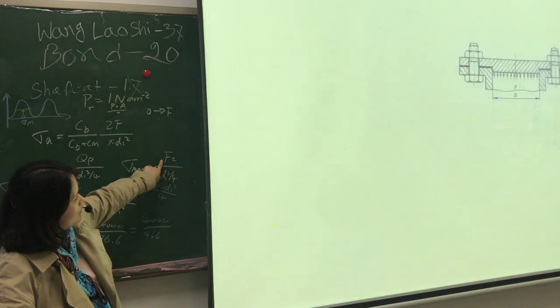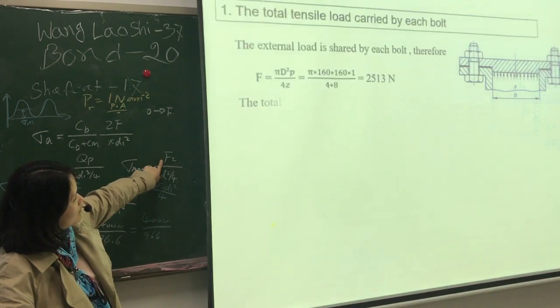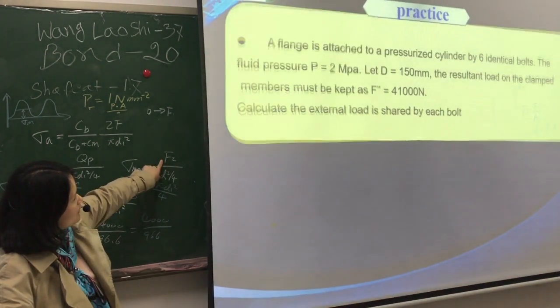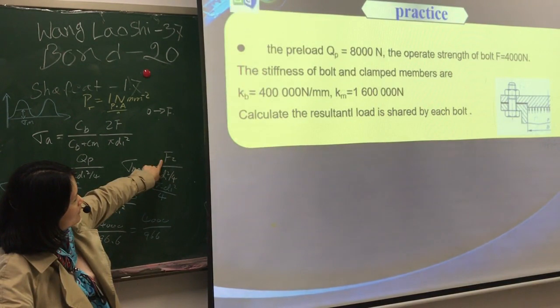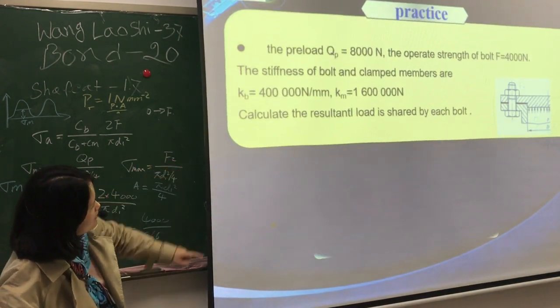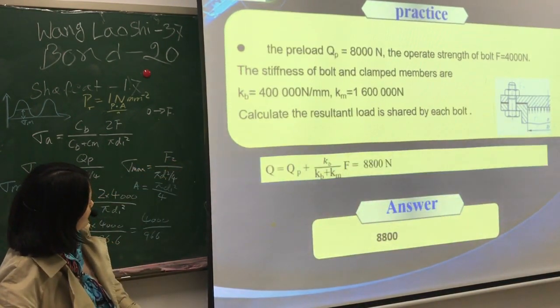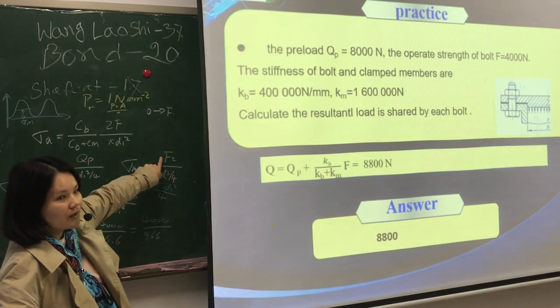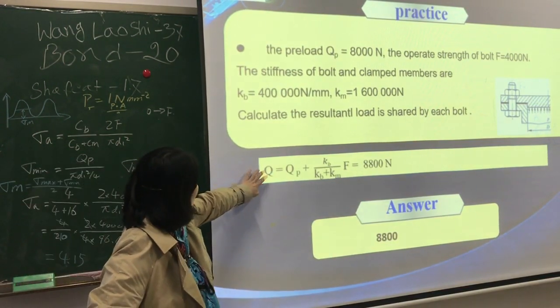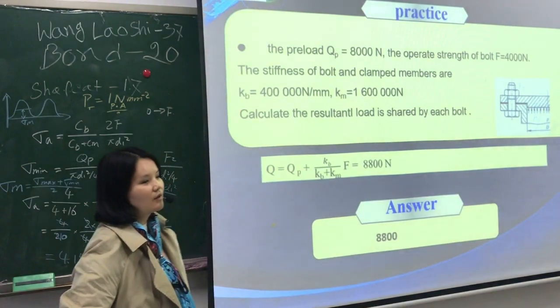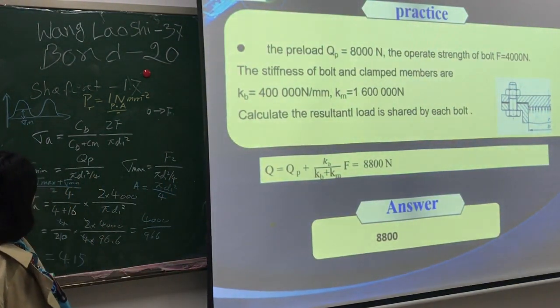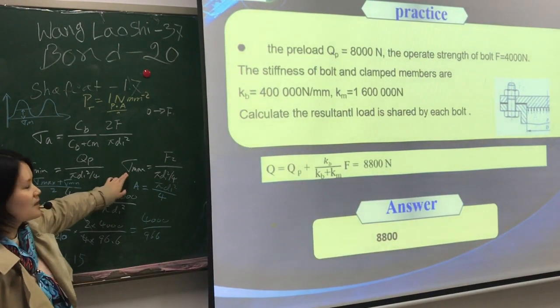Yes, QP plus KB. Yes, much. This is the F2. Right? F2 is 8,600. Okay, and we can calculate this.